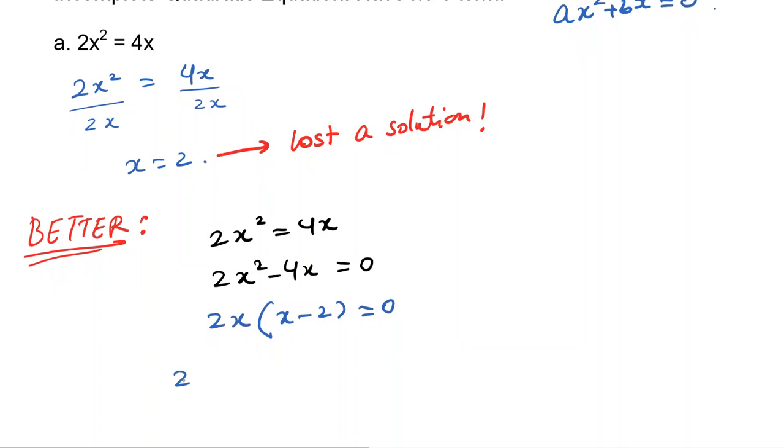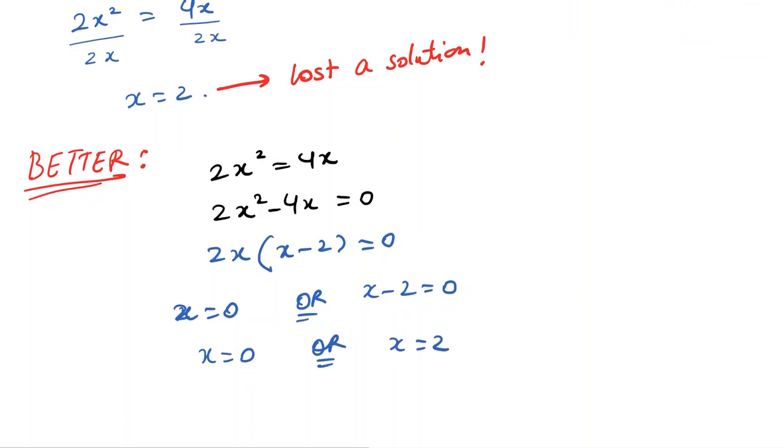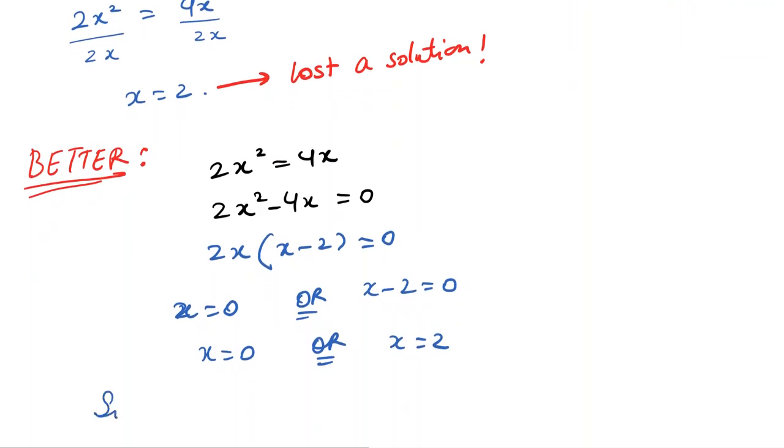So either x is 0 or x minus 2 is 0. So either x is 0 or x is 2. So in this case, you got your two solutions. The solutions are x equals 0 or x equals 2.